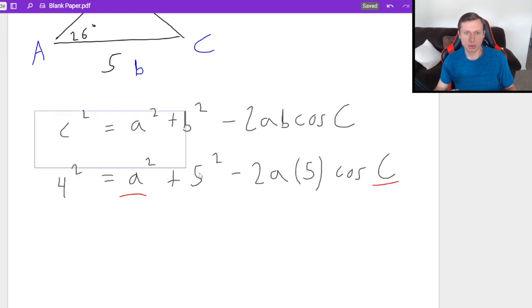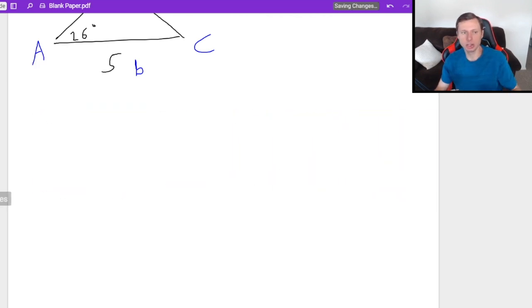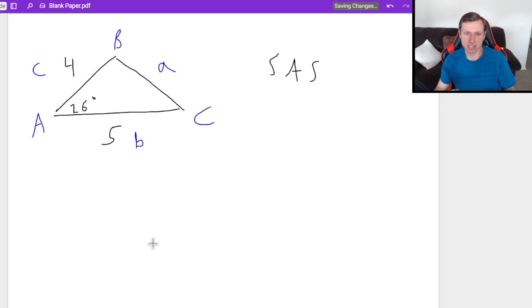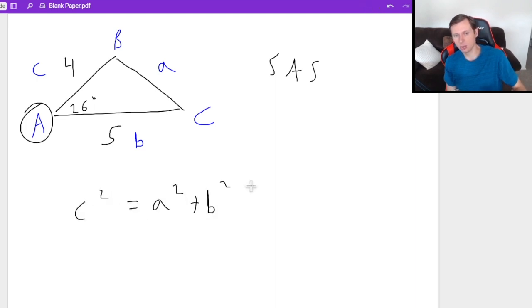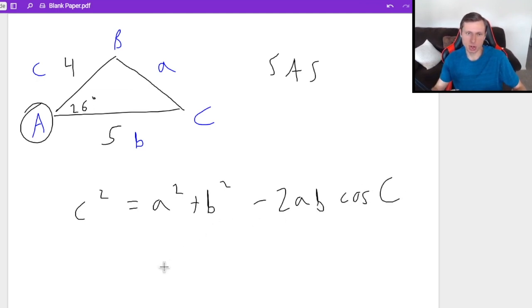So let me erase it real quick, and let me tell you the equation we're going to use instead that looks very similar. So first of all, since I only have angle A, instead of cosine C, we're going to be using cosine A. That also means I'm going to be switching everything with a C, switching that with A. And let me just rewrite the formula to show you what I'm talking about.